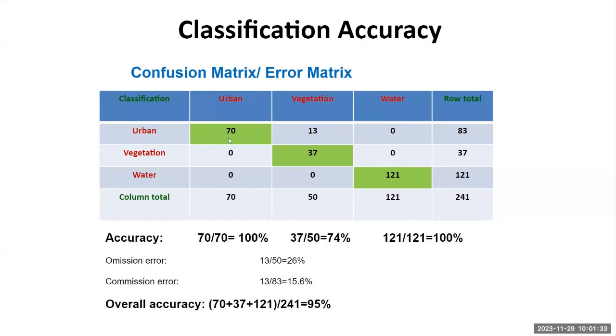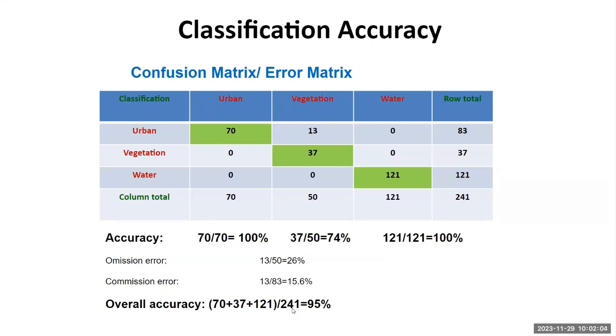You take the numbers along the diagonal: 70, 37, 121. You take the sum of that divided by the total number of points, which in this case is 241. That gives you the overall classification accuracy. So we talked about individual class accuracy and overall classification accuracy.